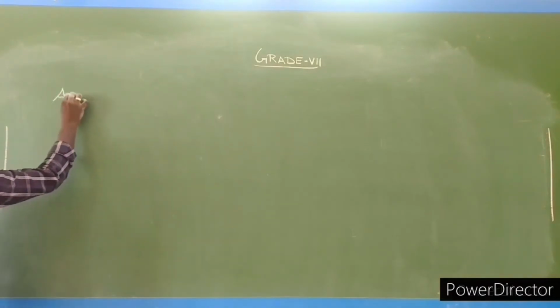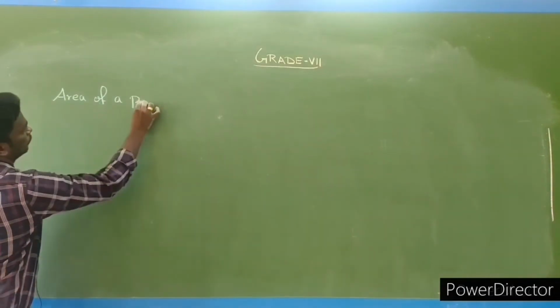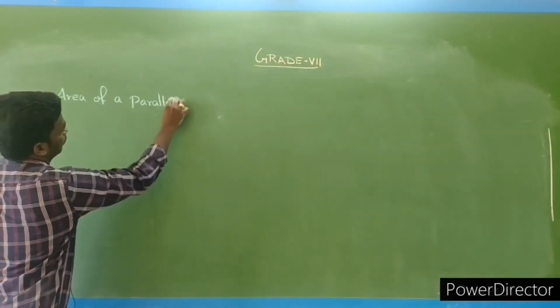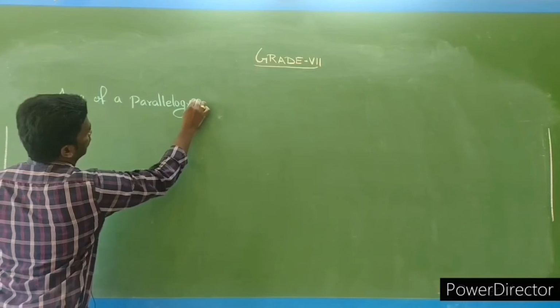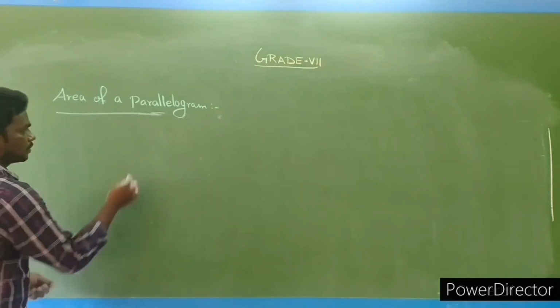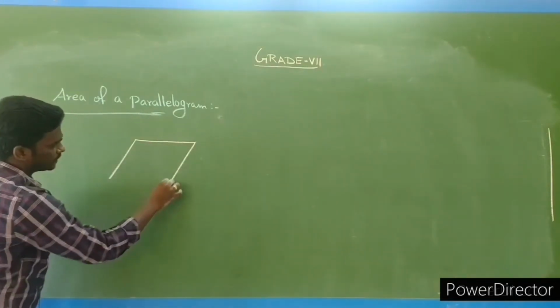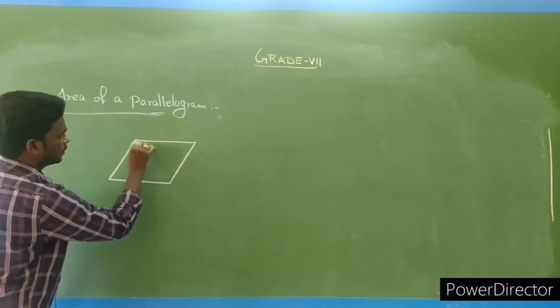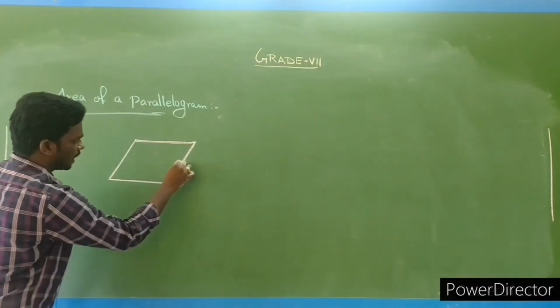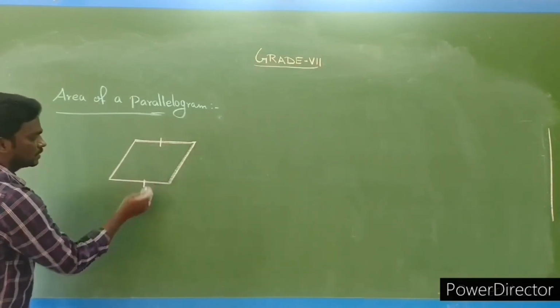Next, area of a parallelogram. So what is meant by parallelogram? We know a parallelogram is a four-sided polygon, which is a simple closed figure, and the length of its opposite sides are equal.